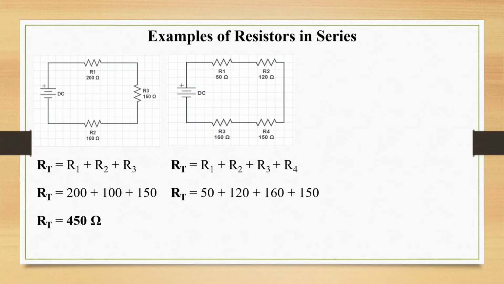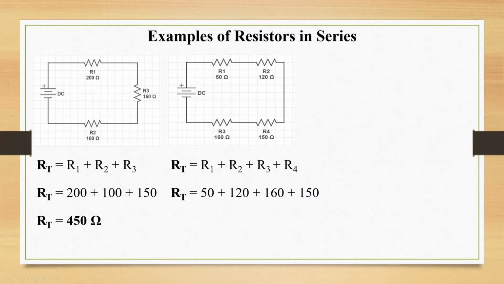We have here RT, or total resistance, is equal to 50, which is the value of R1, 120, which is the value of R2, 160, the value of R3, then 150, the value of R4.